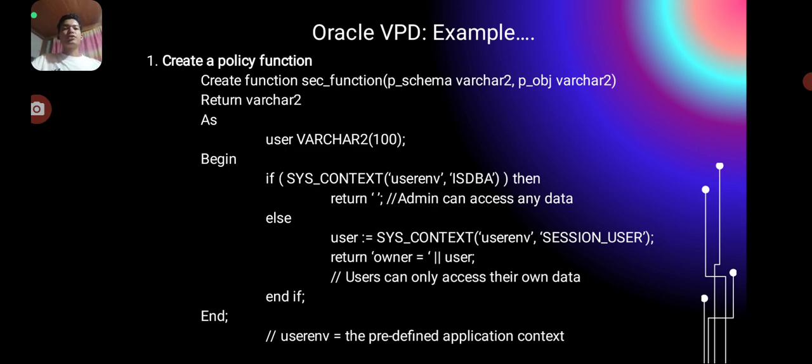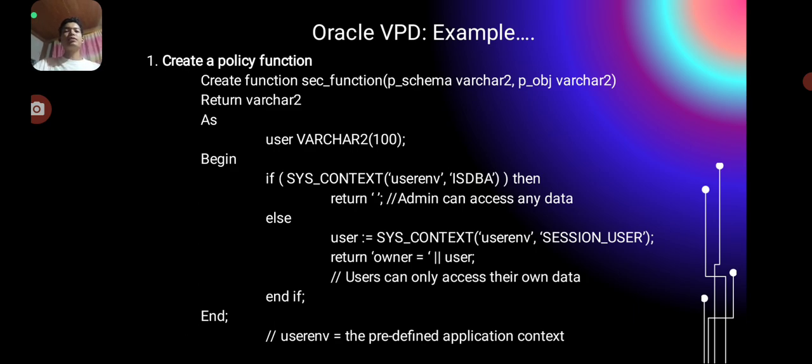So create a policy function. First, create a function sec_function (p_schema varchar2, p_object varchar2) return varchar2. What it will do is check that the user contains a size of 100, then check the system context, USERENV or SYS_CONTEXT. If it is the admin, it returns a predicate so the admin can access any data.